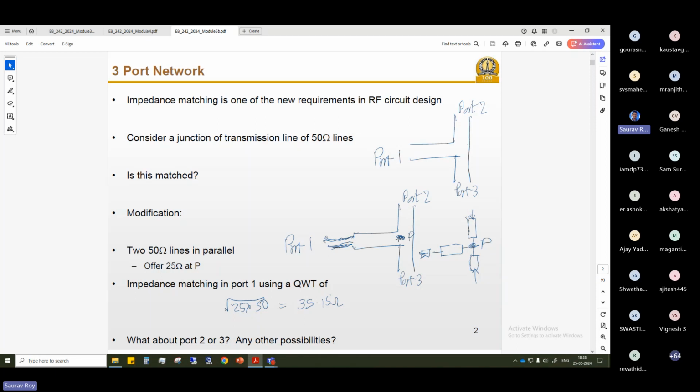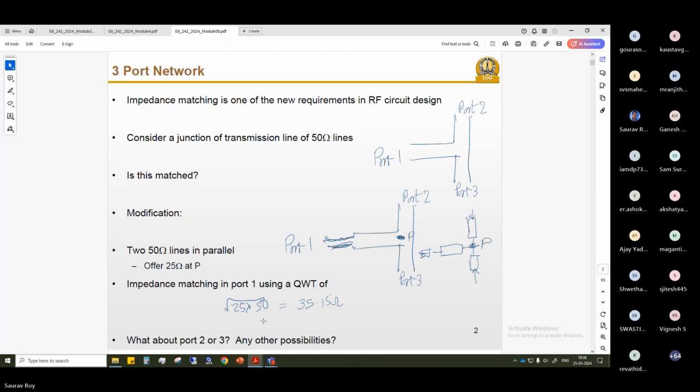Please go through the transmission line theory, you will know it better. Otherwise, this is a very simple thing. If you have to match Z in to a load impedance ZL, you add a matching section of lambda by 4 length in between, which should have a characteristic impedance Z naught equal to the square root of Z in multiplied by ZL. This is plain simple.